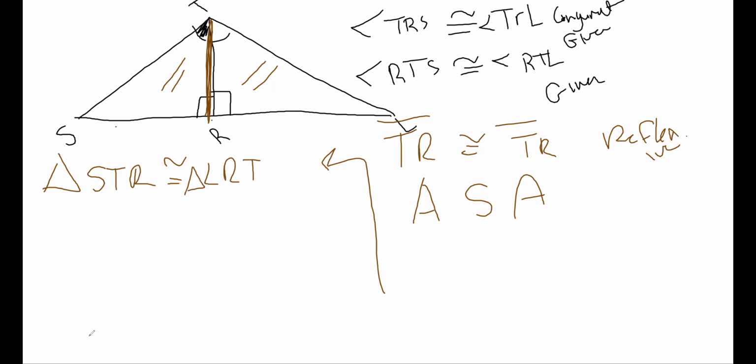Now, since the two triangles are congruent, can I conclude now that this side is congruent with this side?